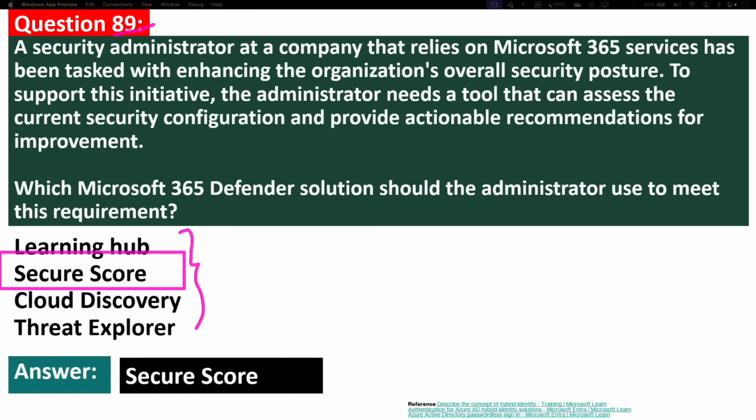The score is calculated based on security features you have enabled, like multi-factor authentication, security-related tasks you have completed, and recommendations you have followed. The higher your score, the more aligned you are with Microsoft's best practices for security.